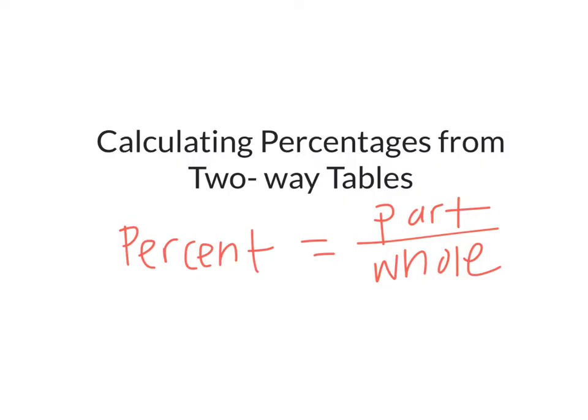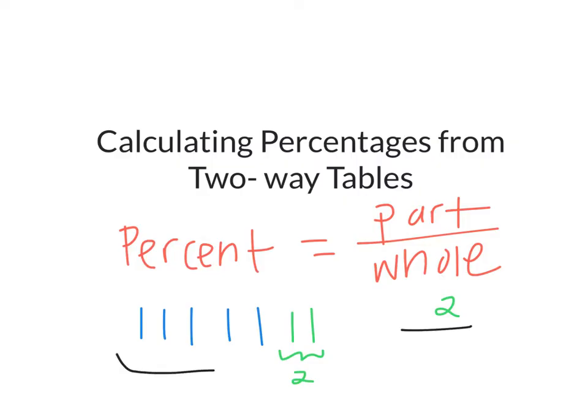So for instance, if I had these blue tally marks and these green tally marks, and if I asked what percent of the tally marks are green, I would count that there are 2 that are green out of the total that are there.